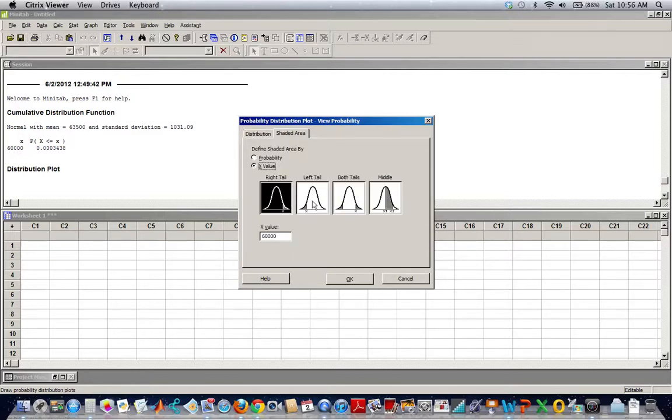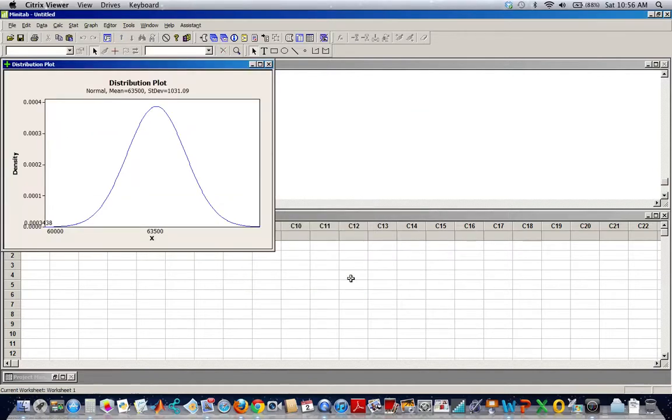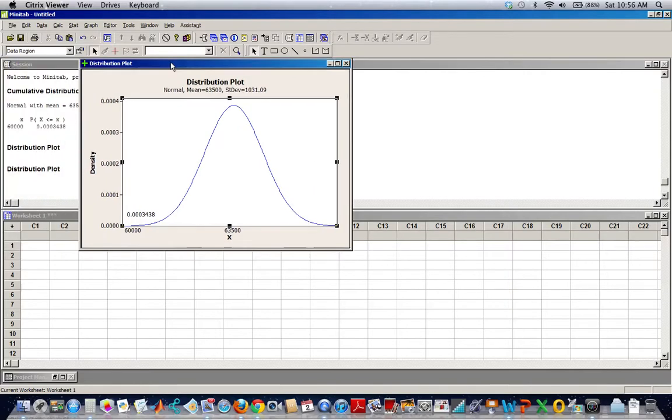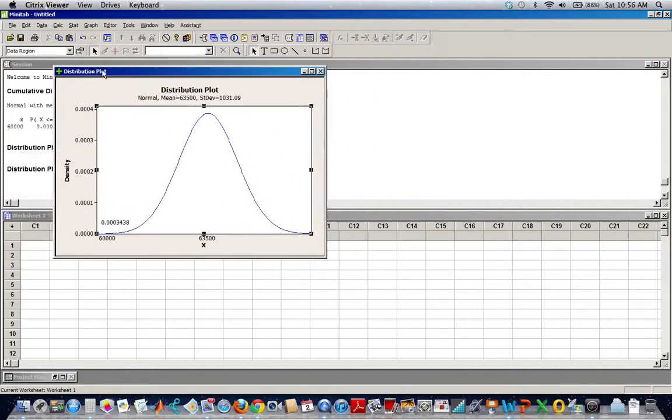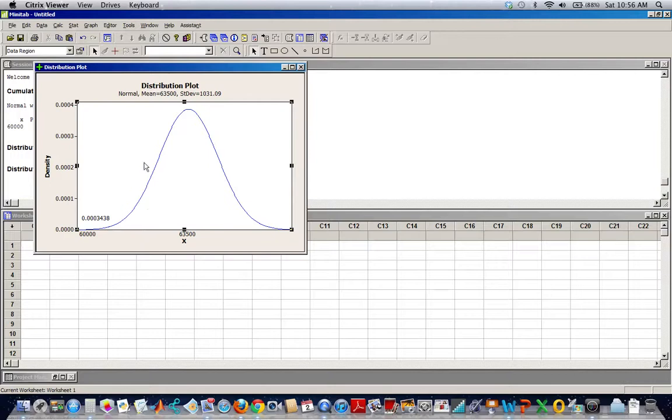Yeah, I left it right tail. It needed to be left tail. I said left tail and then didn't do it. And so here you can't even see it. And so this could be a little confusing. If you see how I moved that value over, it's given us that same value that we had received over here, but it's such a small area it can't even be plotted.